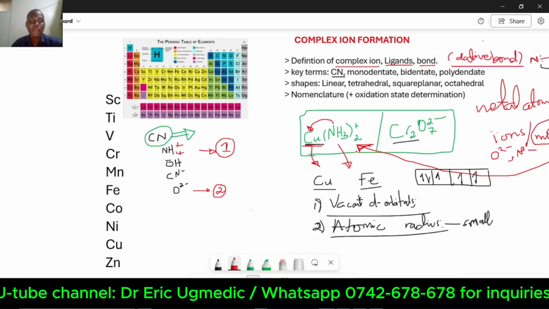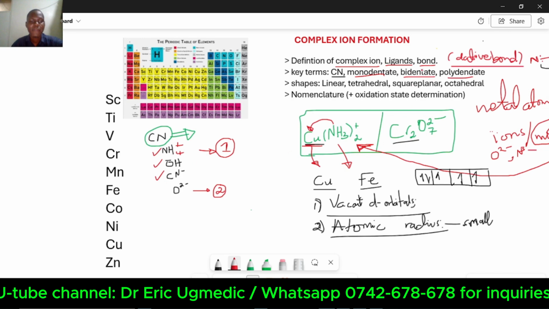So we have types of ligands. We have monodentates, bidentates, and polydentates. So what are these monodentates? The monodentates are the ones that form only one coordinate bond. An example is the ammonia we have given, hydroxide, cyanide, and you can find more examples.